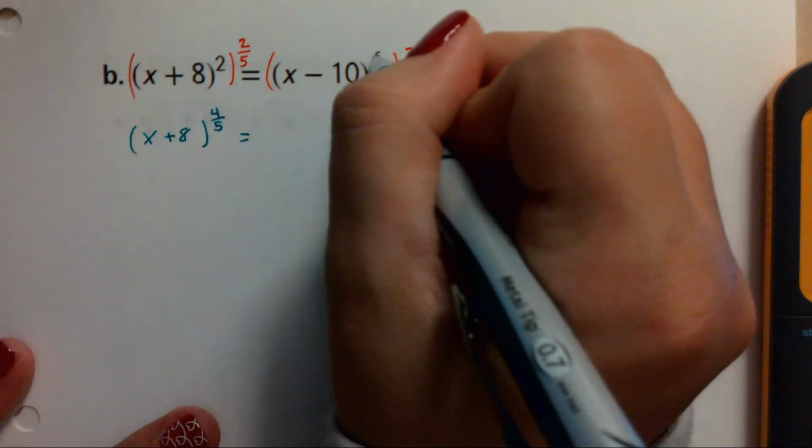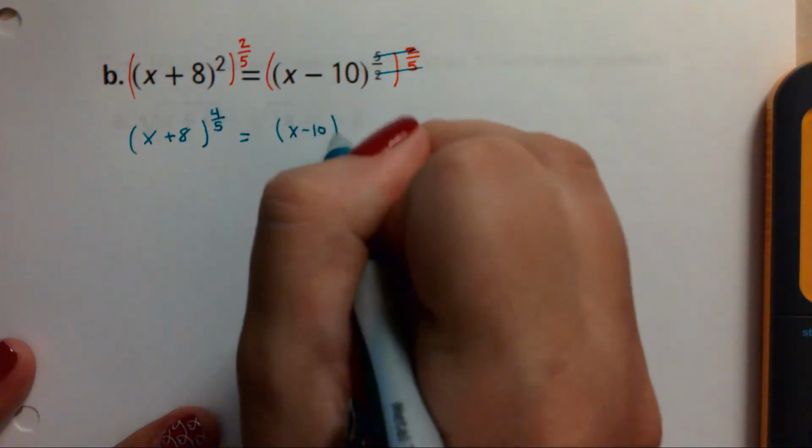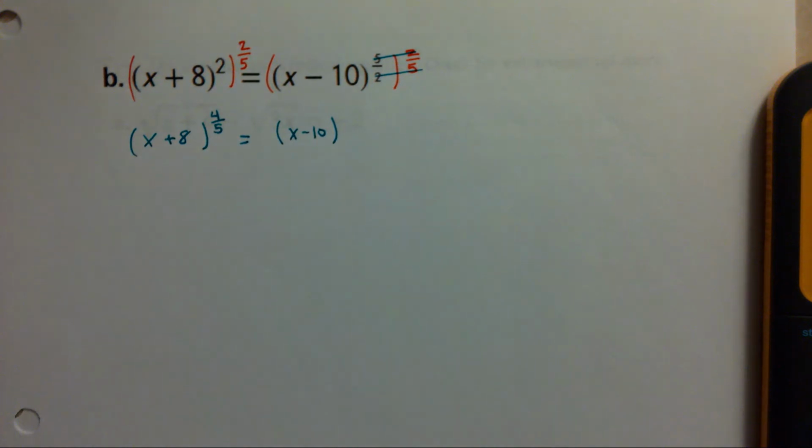Now these over here cancel, so we have x minus 10. So that did not get rid of the rational exponent on the left, which means we've got to think of a different approach for this one.